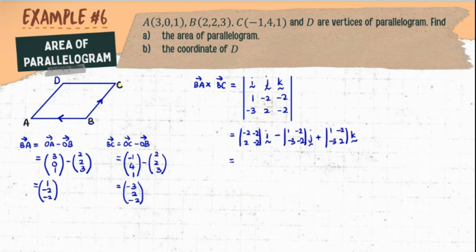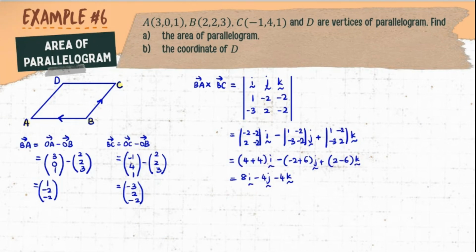Okay, kemudian kita ada 4 tambah 4 I tolak negatif 2 tambah 6J tambah 2 tolak 6K. Dapatlah jawapan 8I, 6 tolak 2, 4, so negatif 4J, 2 tolak 6, negatif 4K.